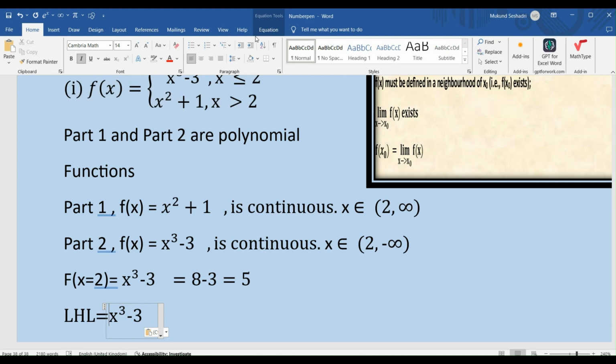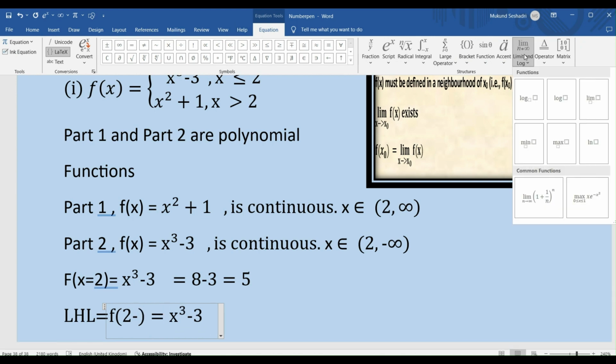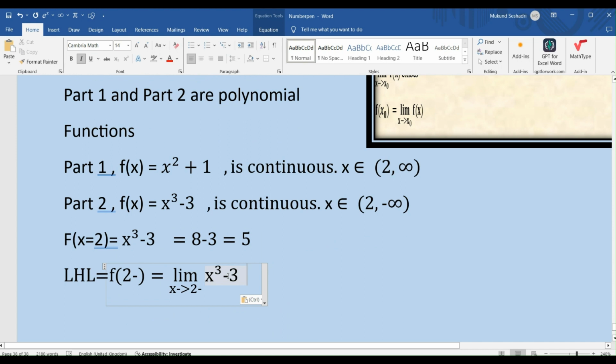The limit as x tends to 2 minus h becomes 2 minus h the whole cubed minus 3.